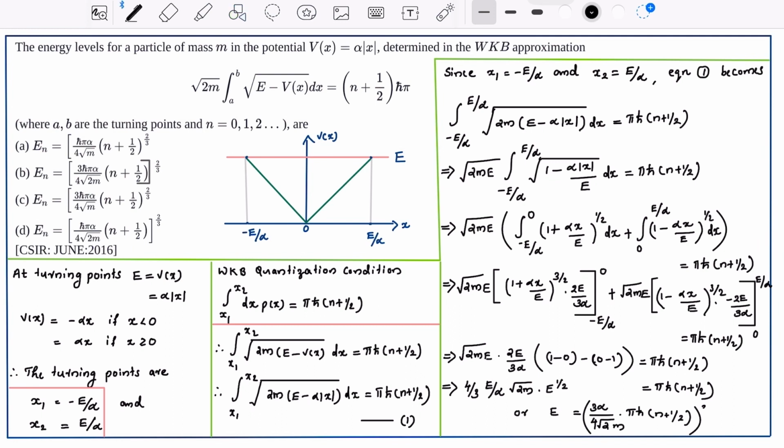The answer is E is equal to 3 alpha by 4 root 2m pi h bar n plus half all raised to 2 by 3. Therefore, from the given options, option B is the correct option.